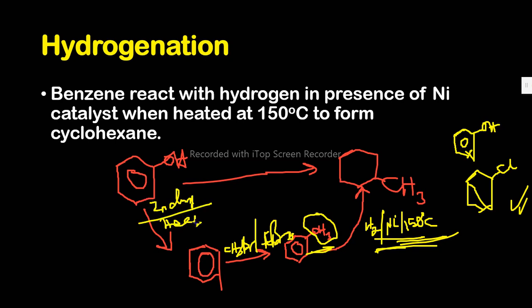So basically it is as simple as this. There is nothing hard here. Yes. So whether it's this, whether it's OH here, whichever way, whatever you want, you can prepare it.